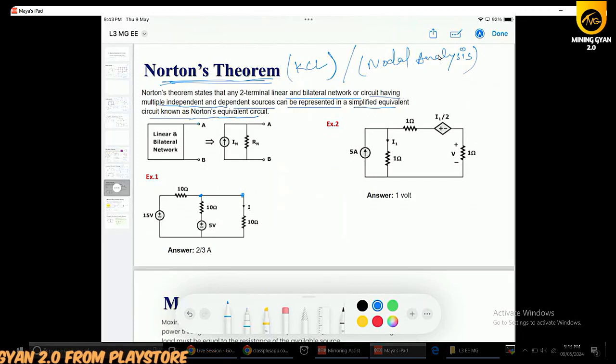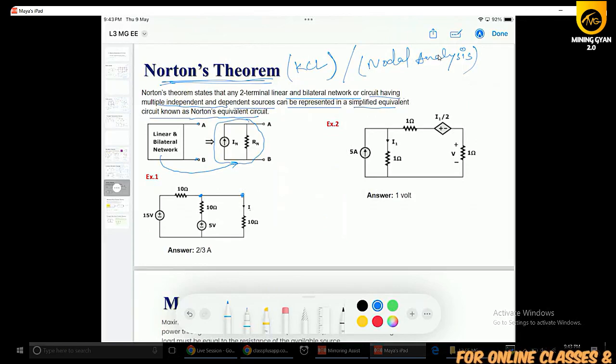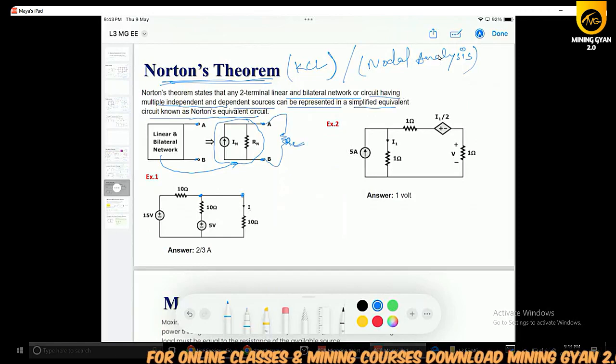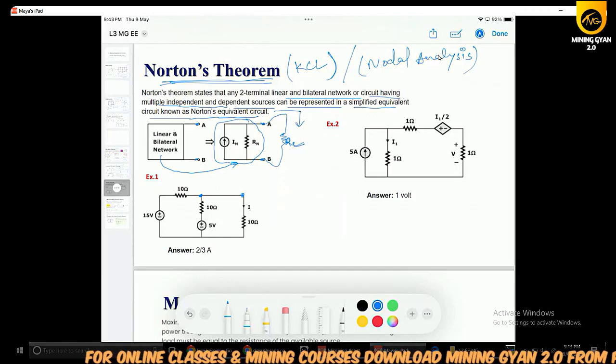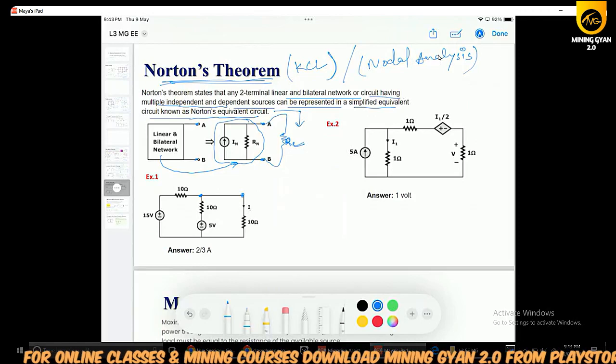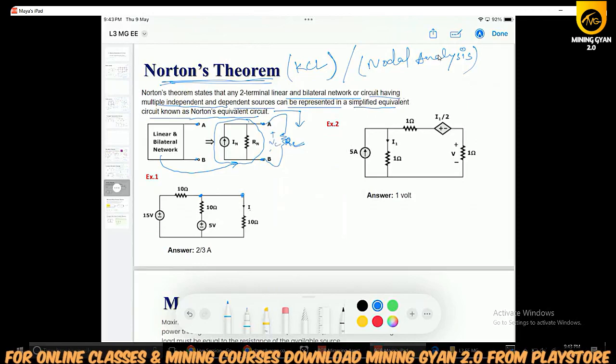You can see that the linear bilateral network can be converted in this manner: a current source with an equivalent resistance in parallel, and this combination is across these two terminals. Across A and B we can put our RL, the load resistance across which we want to extract the terminal voltage and the terminal currents.